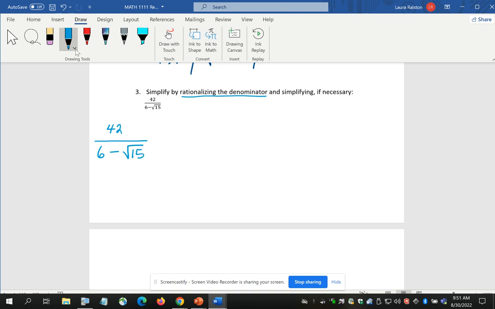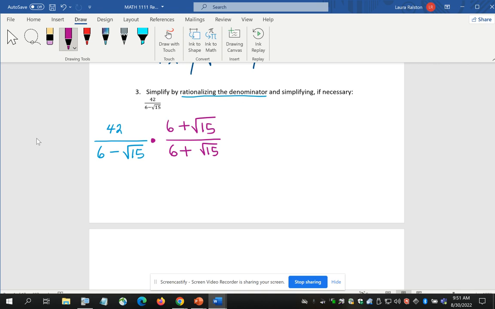The idea of rationalizing the denominator, we're going to multiply the numerator and the denominator by the conjugate of the current denominator. The conjugate is the same two pieces, so I'm still going to have a 6 and a square root 15, but it becomes plus. Okay, you have one that's plus and one that's minus.